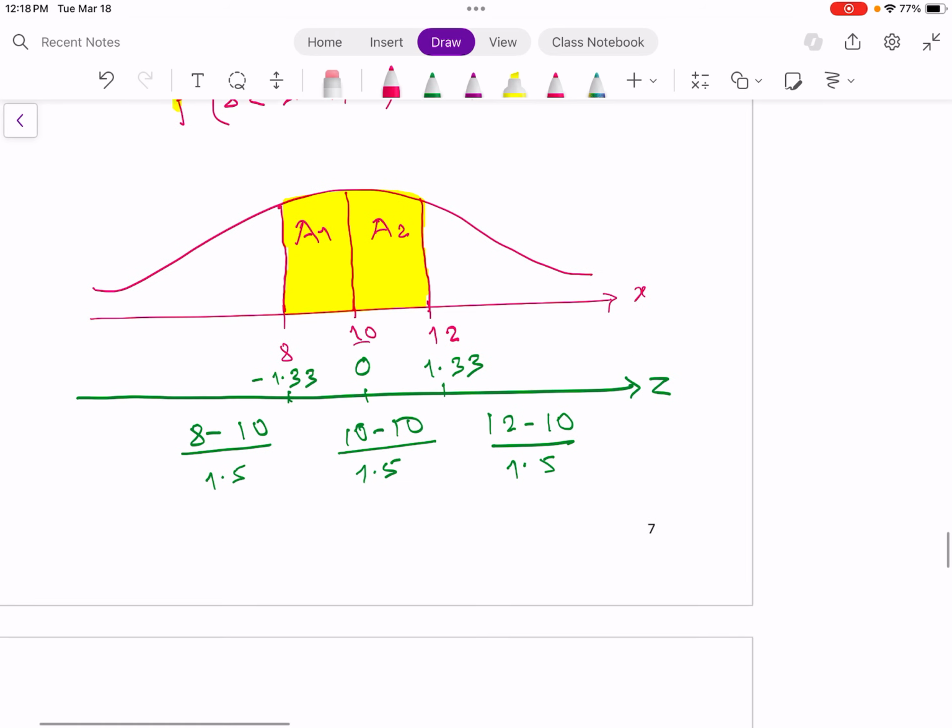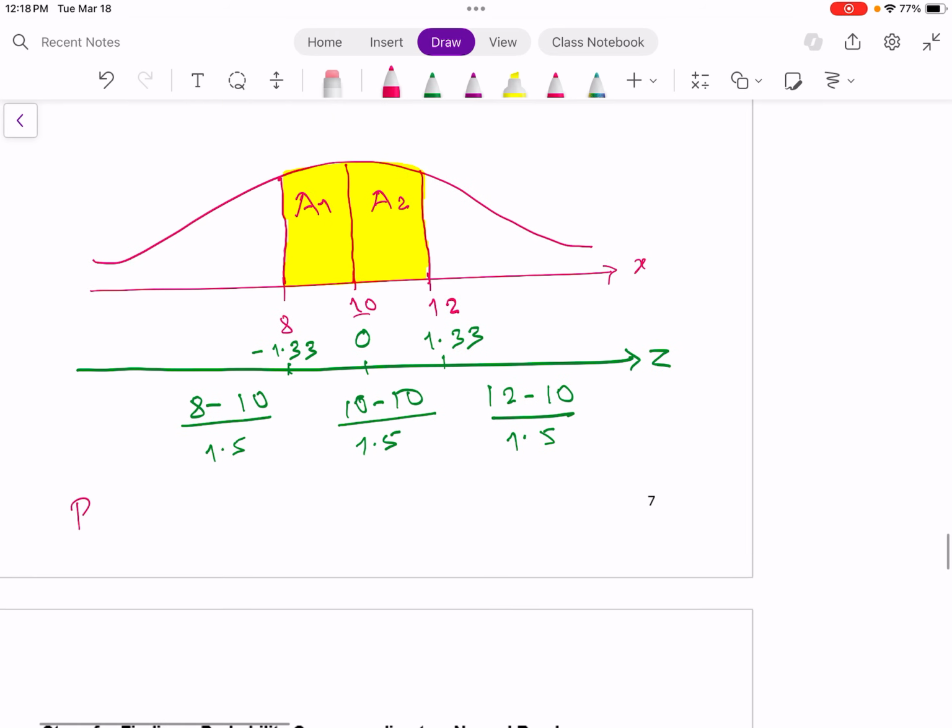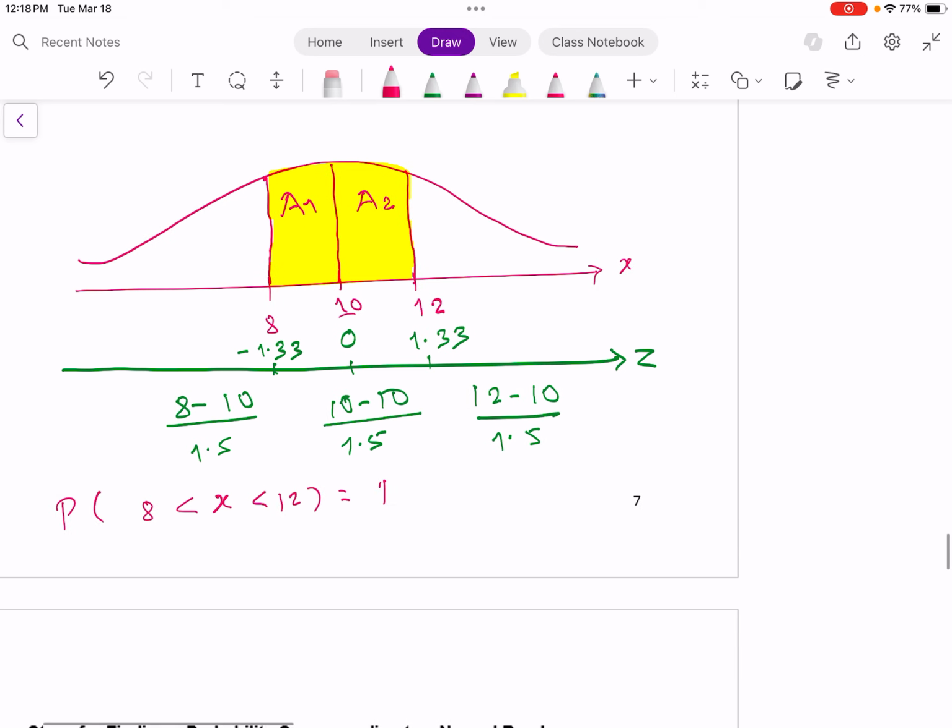So we are asked to find the probability that x is greater than 8 and less than 12. Now can we rewrite this as the probability that z is greater than negative 1.33 and less than 1.33? Do you all agree here?